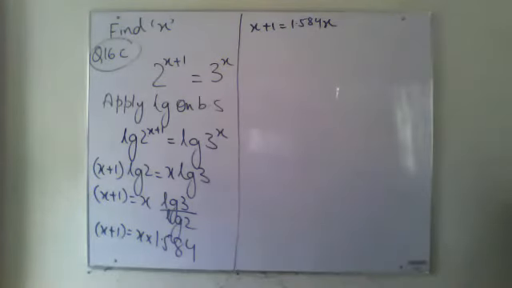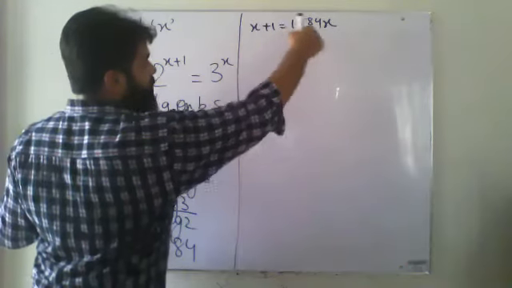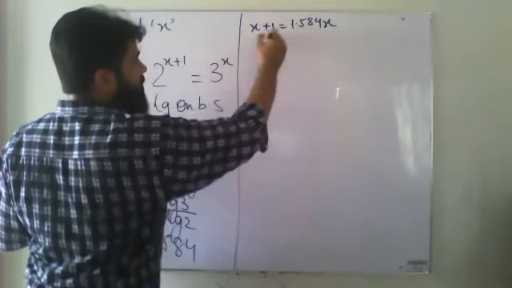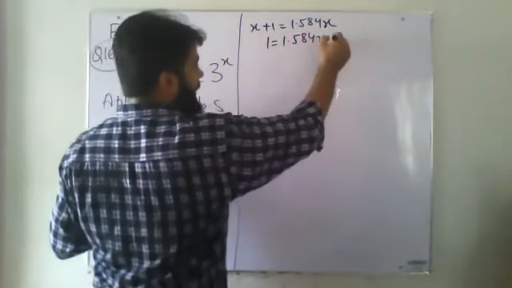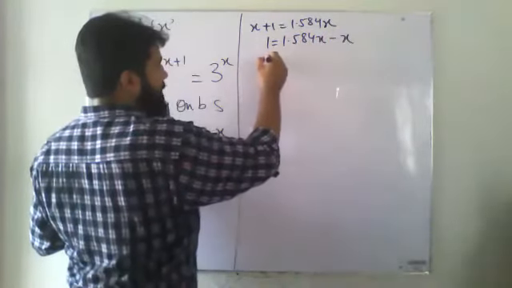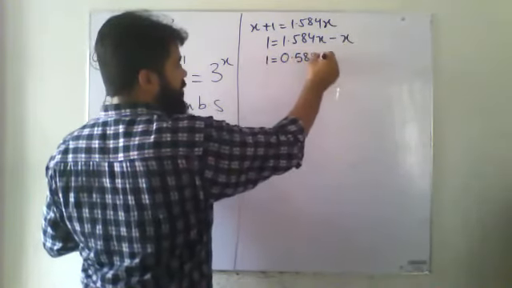Okay, this is coming. Now plus 1 is here, so what I am going to do, 1 equals to 1.584x minus x. So my answer is coming 0.584x.